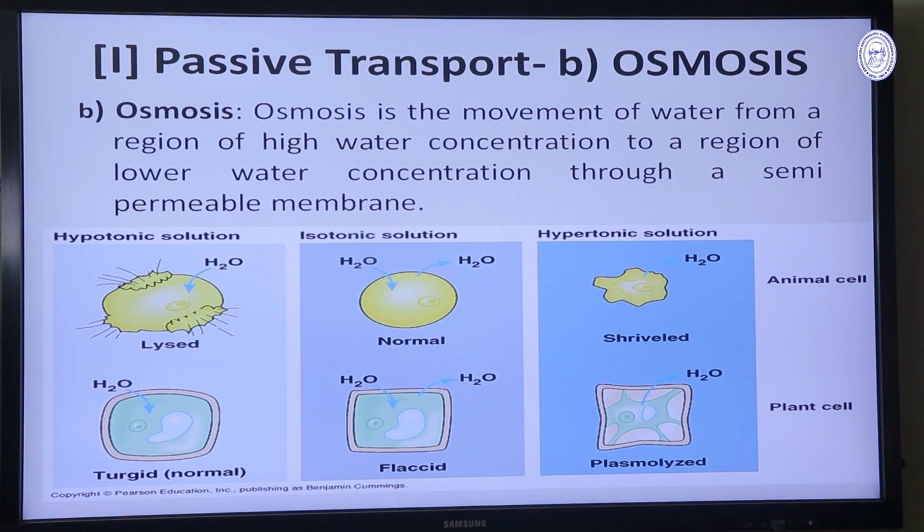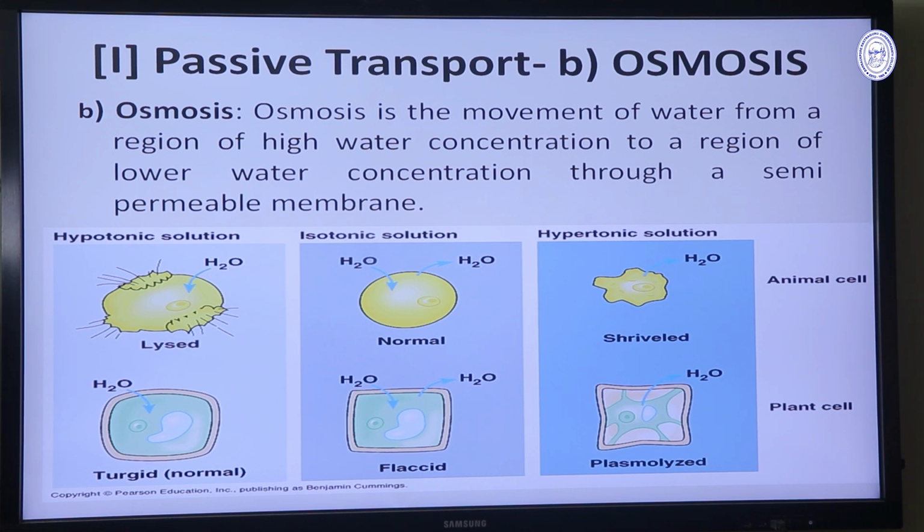In hypotonic solution, the first picture, the salt concentration of the surrounding medium or outside medium is low. So, hypo means lower concentration. What will happen? In order to make an equilibrium, the water will come from outside into the cell and the cell will swell.